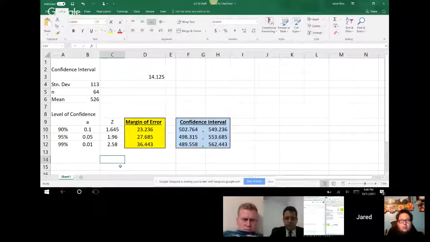If you place 99 on the applet, you will have a higher Z score, which is 2.576.